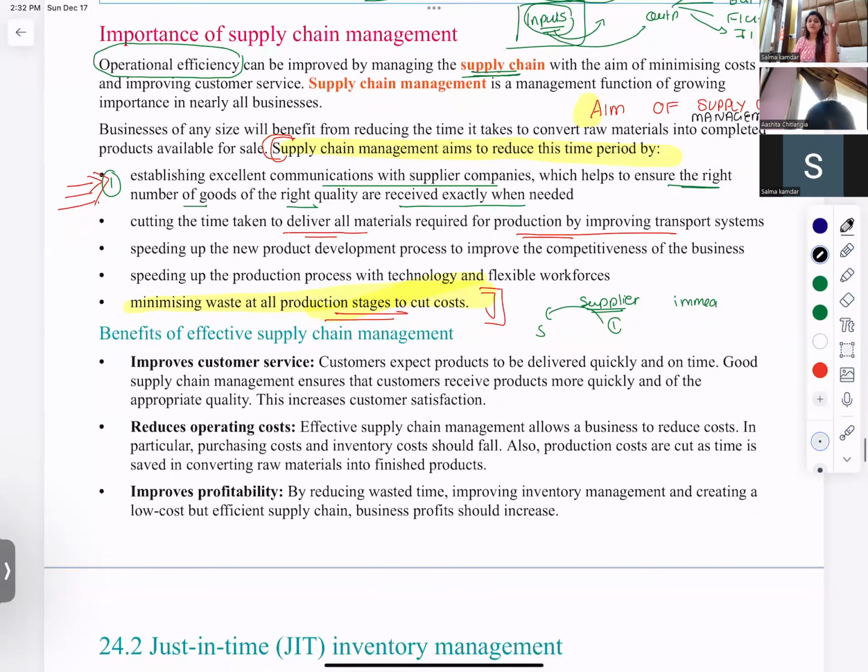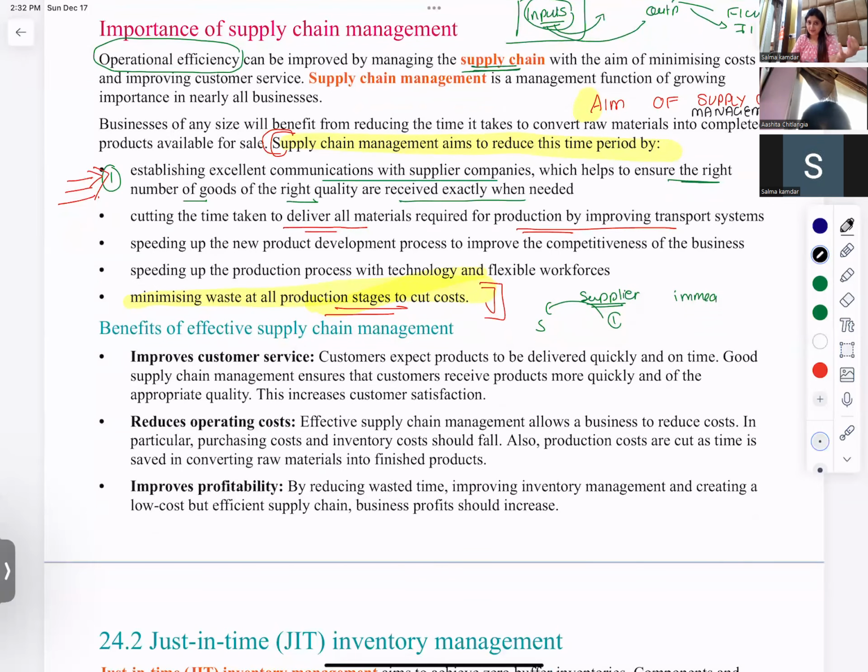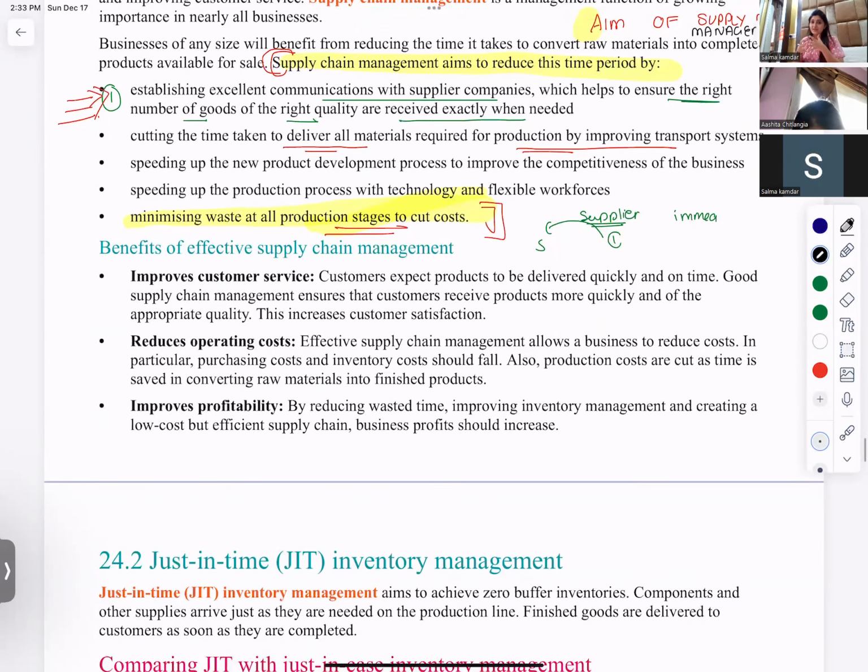Now, what is the benefit of having this effective supply chain management? If you have a good supply chain management, the first thing that will happen is you are going to be able to provide your customer with the right quantity of goods at the right time, at the right place, at the right price.